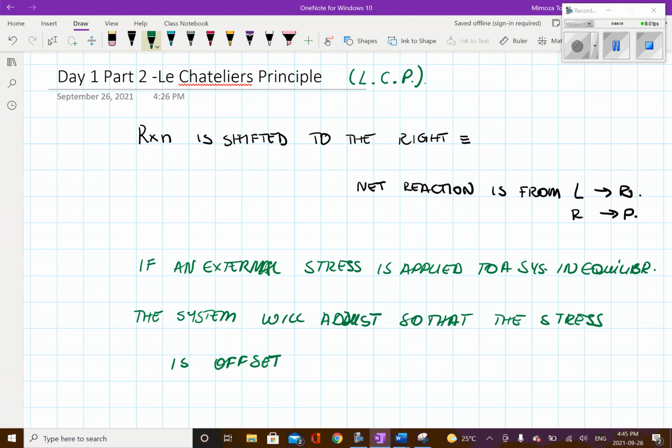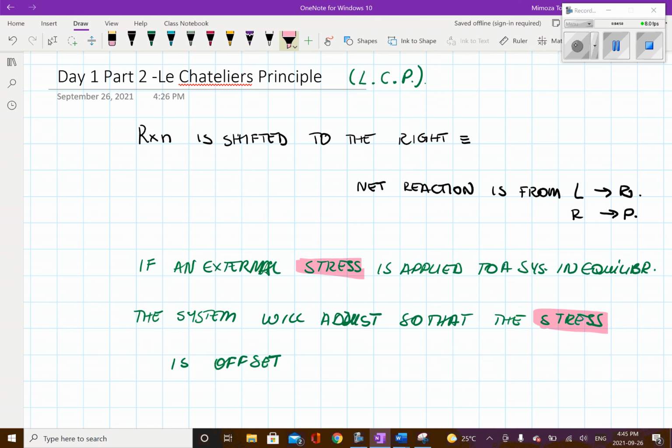Again, as I said, the word stress means that you are introducing a change in pressure, volume, concentration, or temperature.